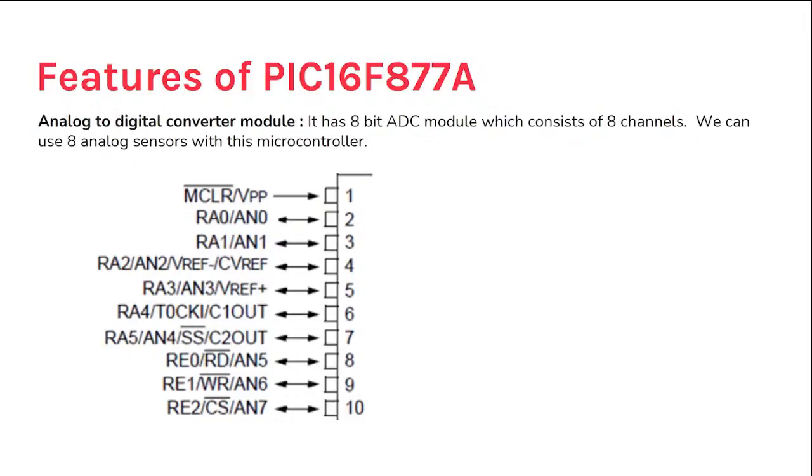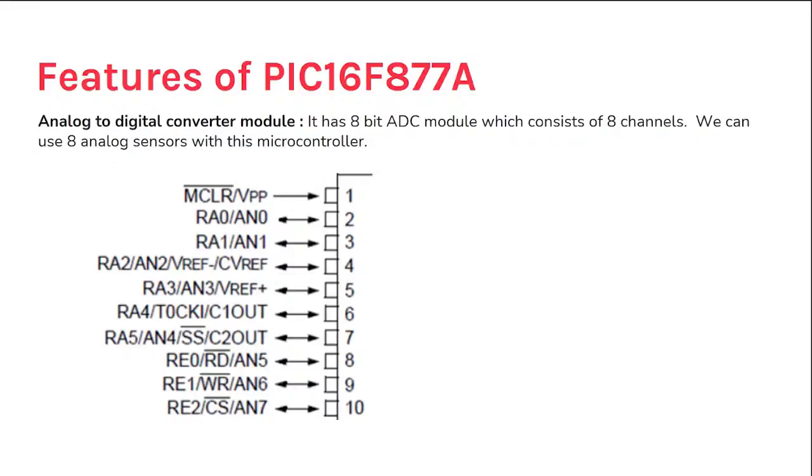Coming to the features of PIC16F877A, other than the GPIOs, it has an on-chip analog to digital converter module. This feature was not in the 8051, but it is available on ARM7, LPC2148, LPC4088, and PIC also.